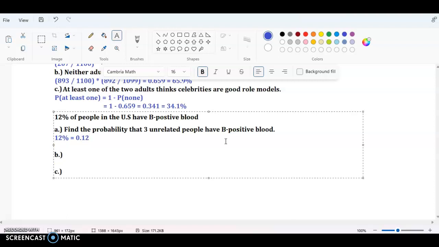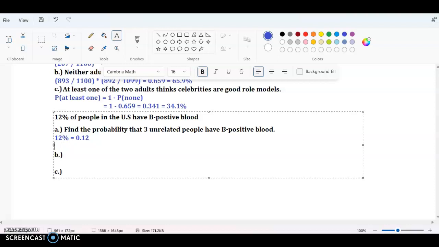Okay, so to find the probability that 3 unrelated people have B positive blood, what it's really asking is to find the probability that the first person has that blood type and the second person has that blood type, and then the third person has that blood type. So what that suggests is that we use the multiplication rule.